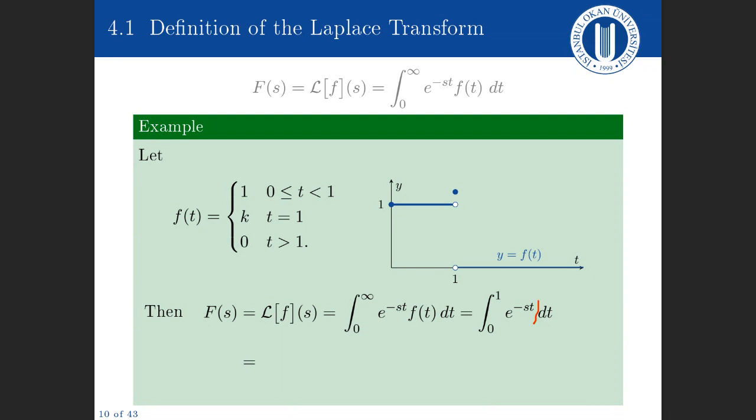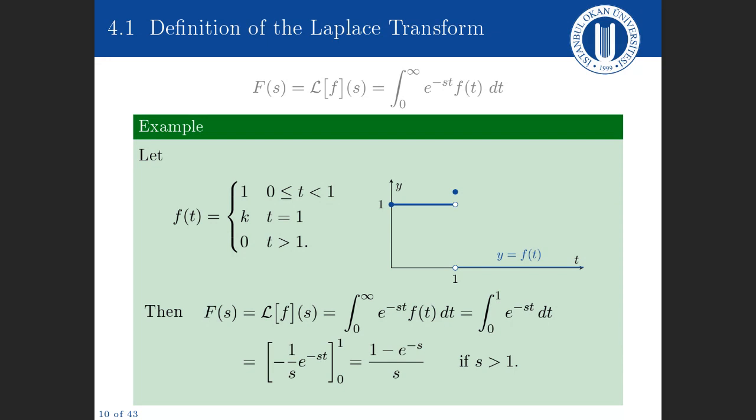Between 1 and infinity, the function is equal to 0, so it's going to be plus the integral of 0, which is just 0. So really we're just doing the integral between 0 and 1, e to the power minus st dt. When we finish this calculation, I'll leave this for you to check, we get the function 1 minus e to the power minus s, divided by s.